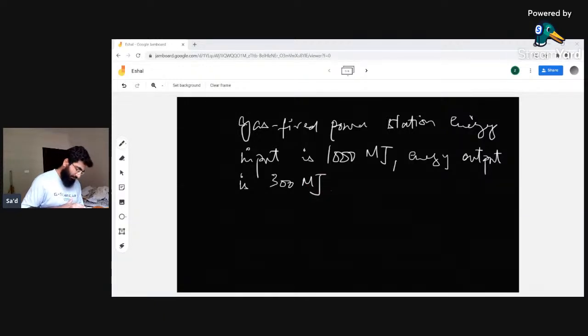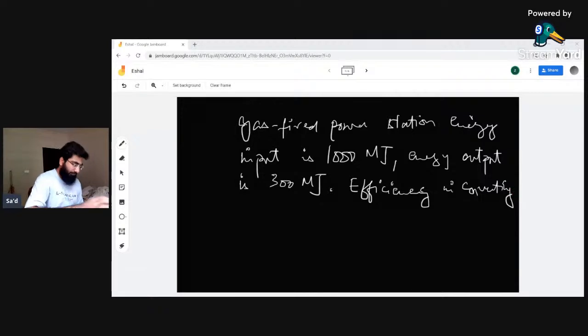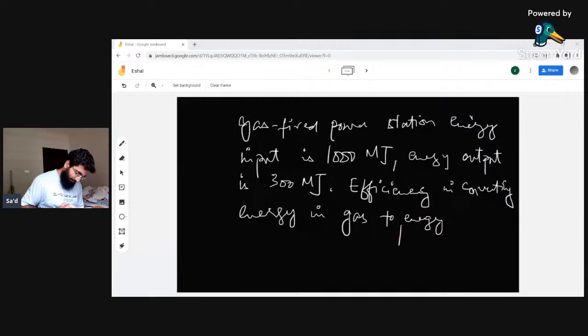You have to calculate efficiency in converting energy in gas to electrical energy.